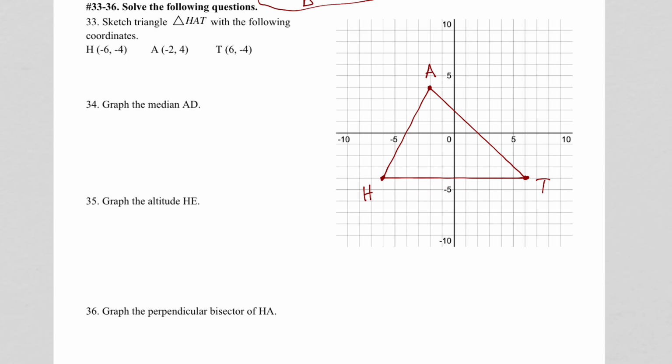But if you're not sure about it, the x value of the midpoint is the sum of the x's, and this is between H and T. So negative 6 plus 6 over 2, which is 0 over 2, which is 0.